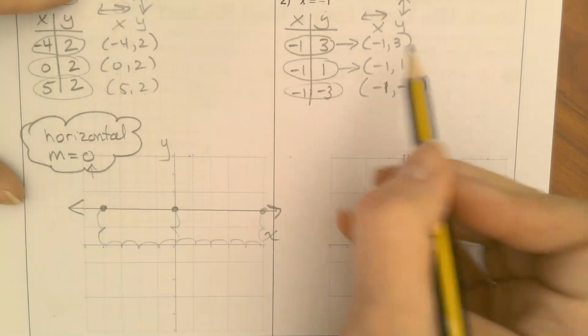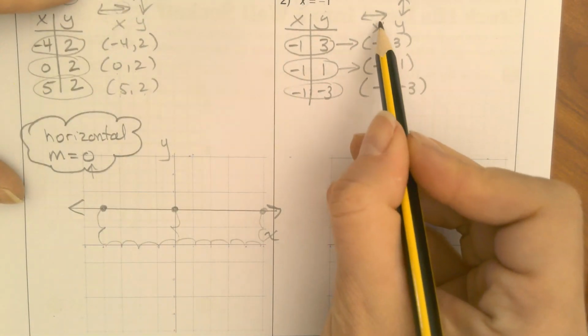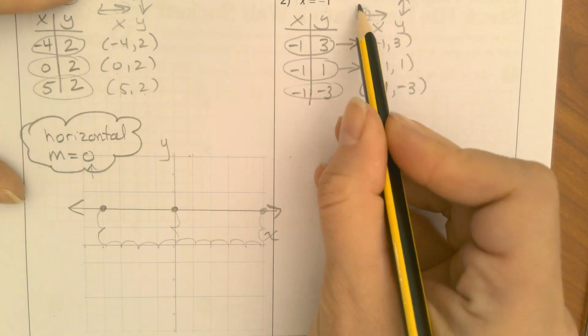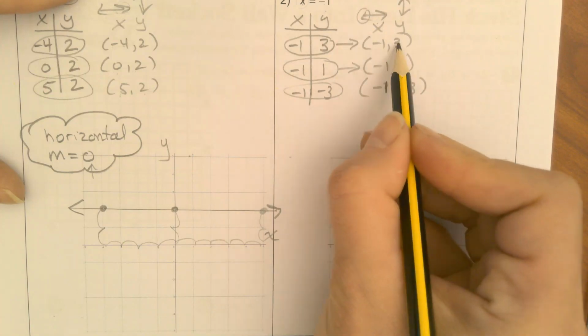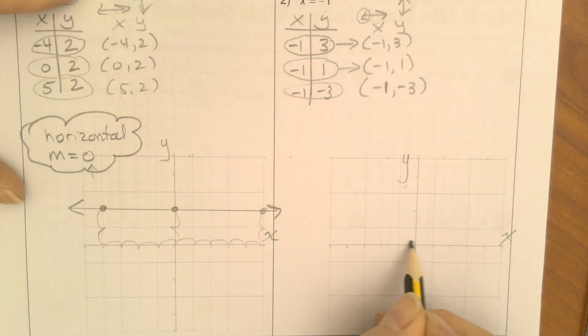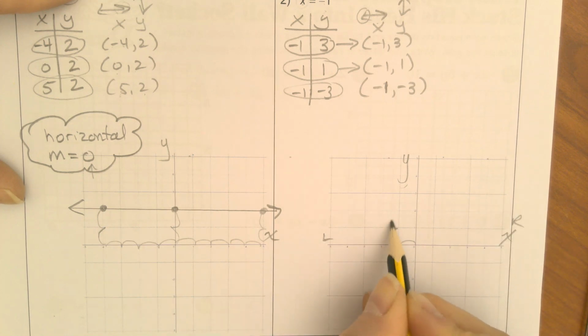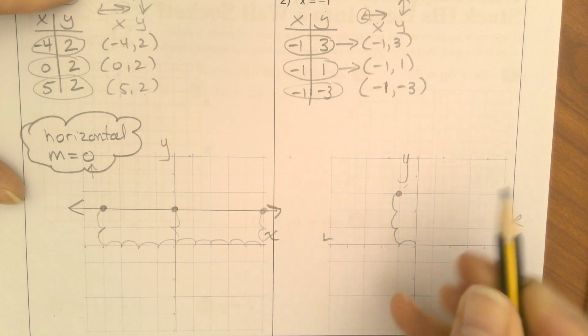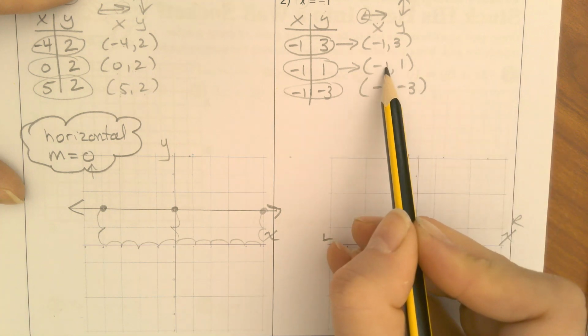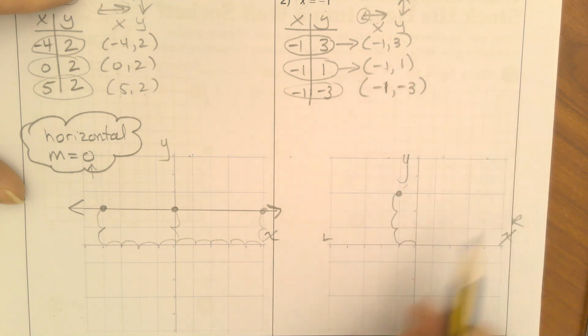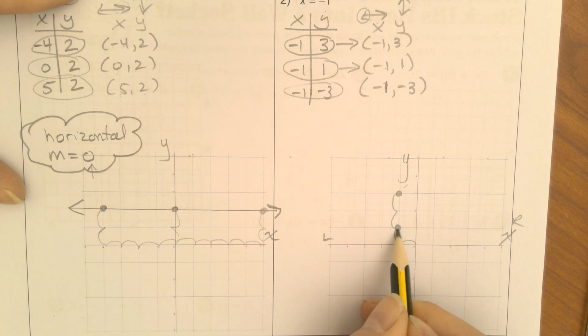Let's graph the first one. Because this is x and it's negative, it means go left. So it means go left 1 and up 3. Left 1, that's left is this way, and up 3. Put my point. This says left 1, up 1. So left 1, up 1.